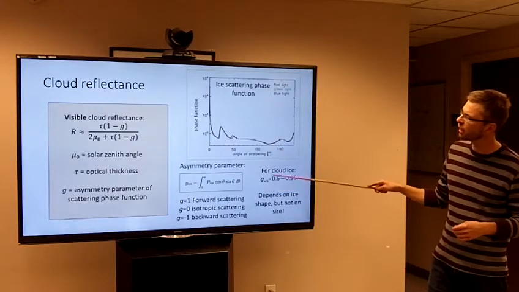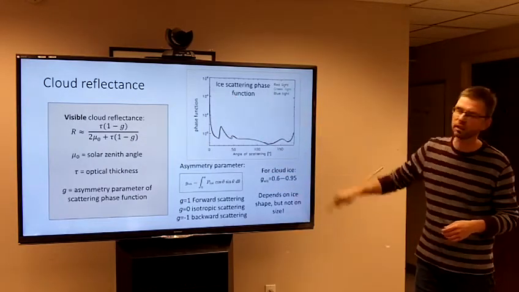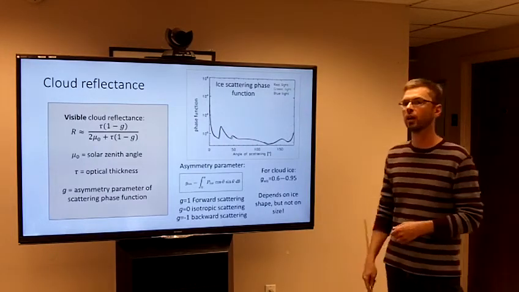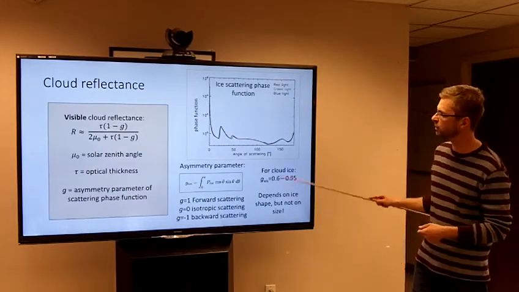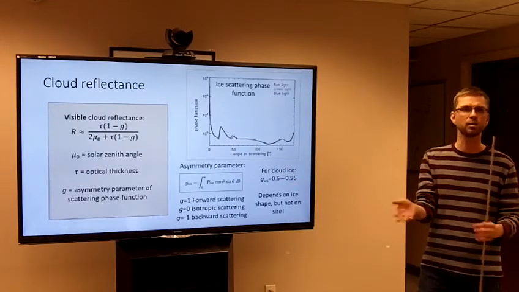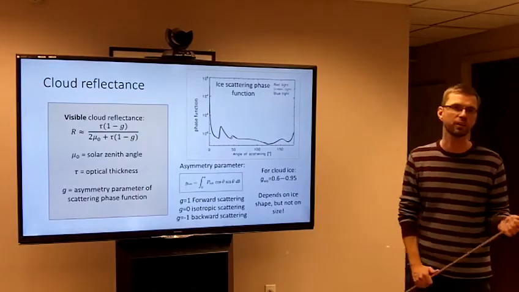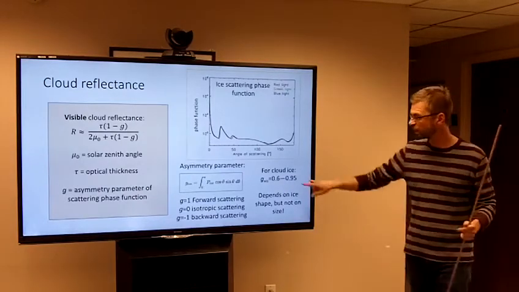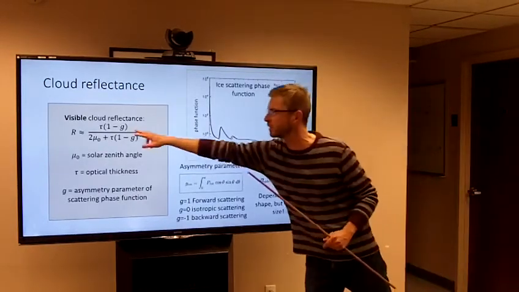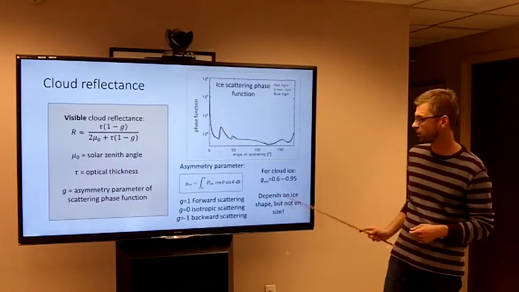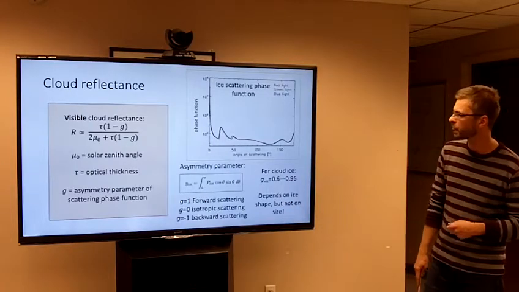So for ice, there's this large forward peak. So most of the light is actually going forward, but the asymmetry parameter is around maybe 0.6, which is very low for ice, and 0.95, which is very high for ice. And this is a huge range. If you plug this in there, then the reflectance changes a lot using this range.